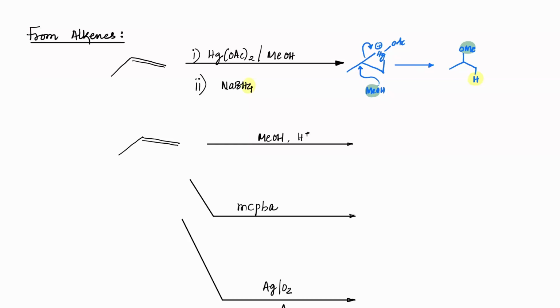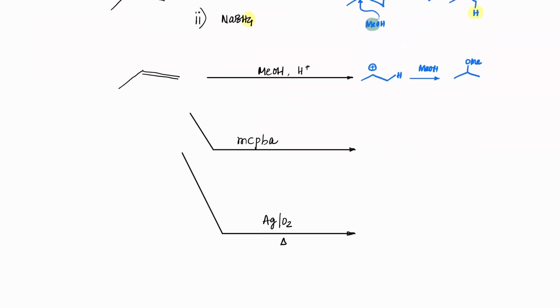Same way, first we will make simple protonation here, Markovnikov addition, wherein methanol will attack as a nucleophile, generates OMe as the product, which is ether. MCPBA will first convert it into a cyclic ether, in this case oxirane, from any peroxy acid.